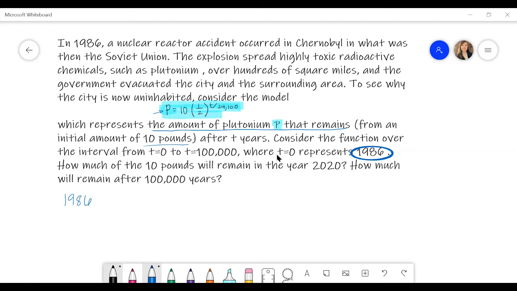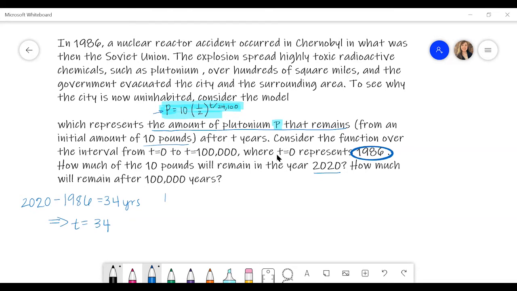To get to this, we are looking at the year 2020, so we need to figure out the difference between 2020 and 1986. If you do that subtraction, you end up with 34 years. And that tells us T is equal to 34.